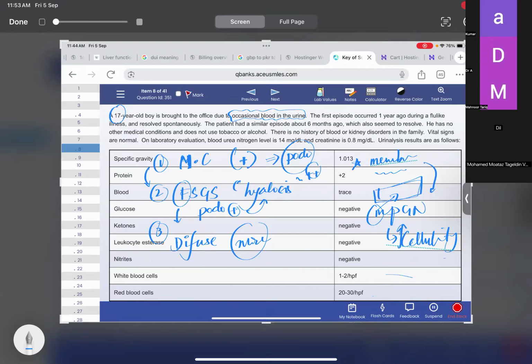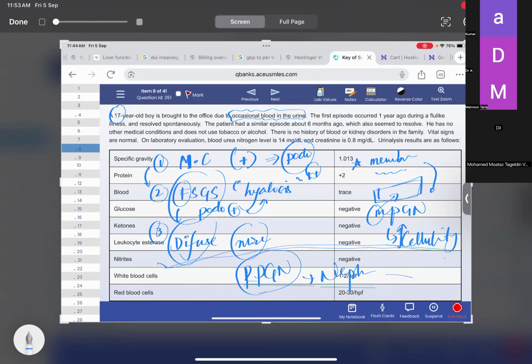And what about rapidly progressive glomerulonephritis? This is the most severe. It is causing nephritic syndrome, and from the nephritic range it is more severe than FSGS and others, okay?